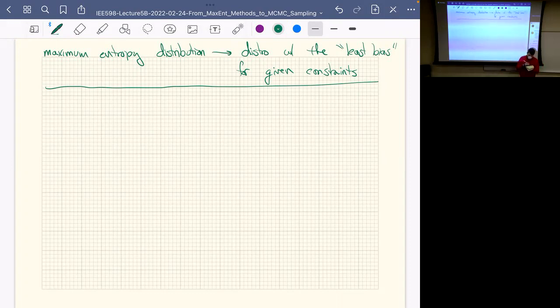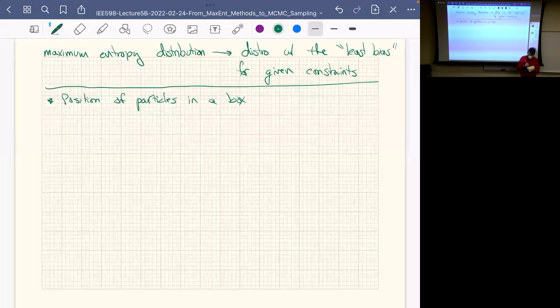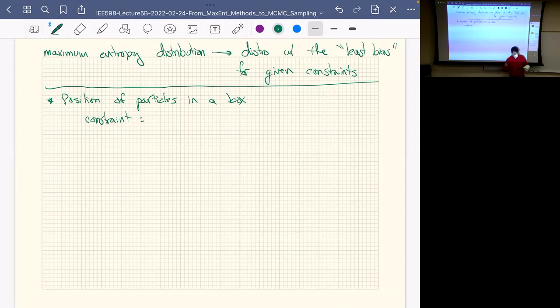And I'd say, well, so for the position of particles in a box, all I know is that there's a constraint where, if I only consider the horizontal position, you can do this for all 3 dimensions, but let's just say I'm worried about particles in the horizontal dimension, then I know there is a lower bound on where they can be, and there is an upper bound on where they can be.